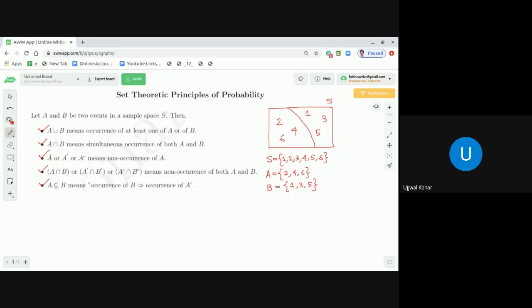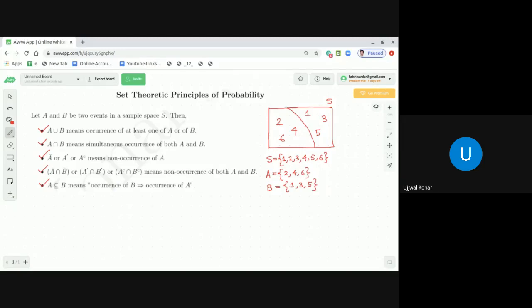And what is the exact meaning of it that I explained? For example, A union B. You know what A union B is from set theory, but it is represented in the abstraction of probability. The meaning of A union B is occurrence of at least A or B. For example, in the example I just gave a few minutes back, what is our event A?